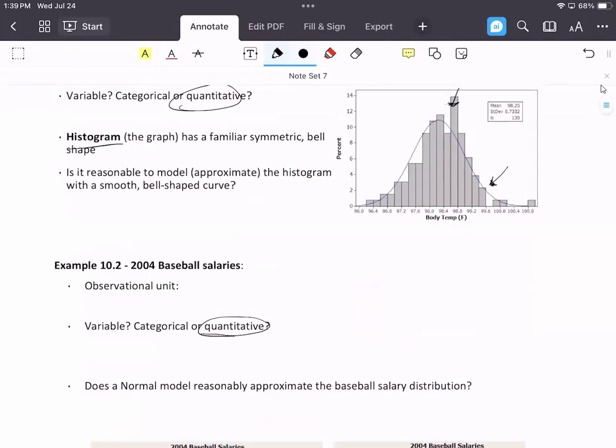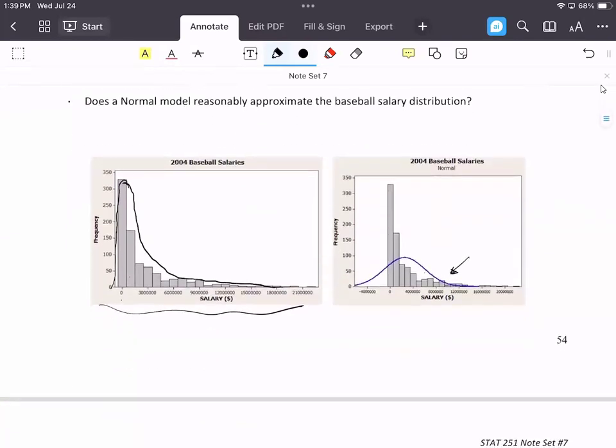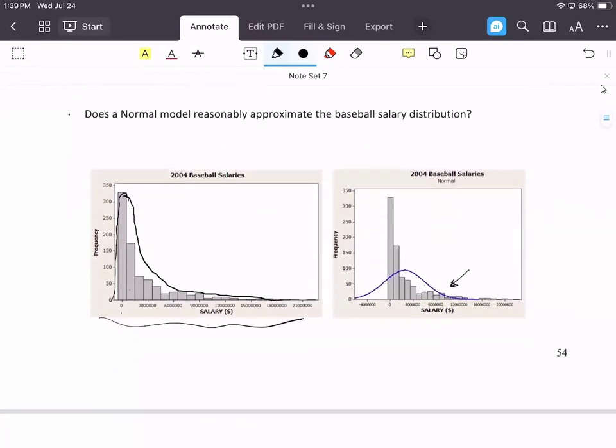Remember, if we're going to use a normal curve on a histogram, it's smooth and it's bell-shaped. You may say, well, why are salaries continuous? Couldn't we list out every single person's salary? Yes, but there are so many values that it would be hard to treat as discrete. You could have people who make just a penny off of each other. So that's why in this case, we consider this continuous.